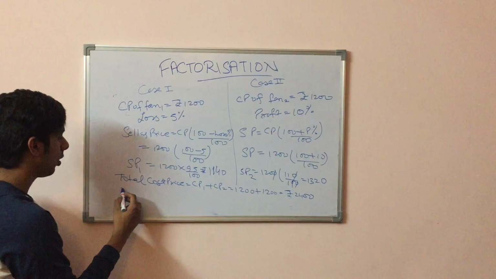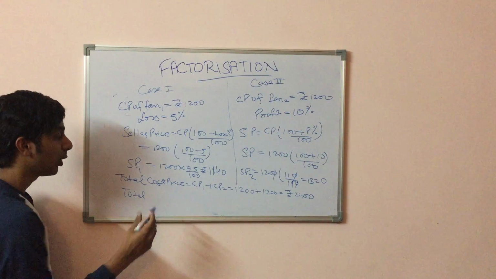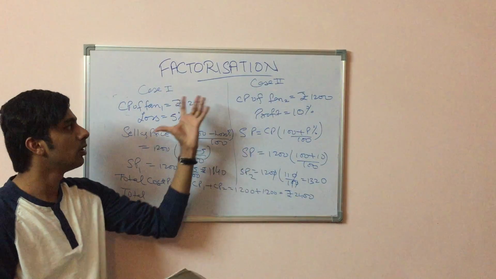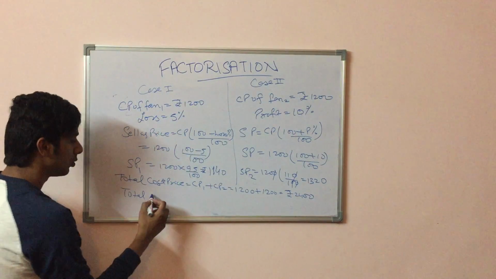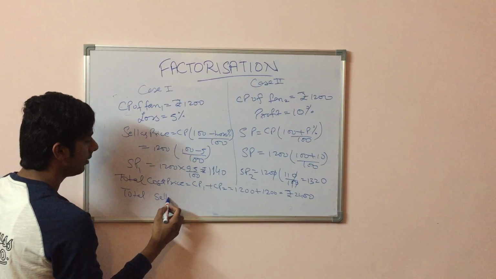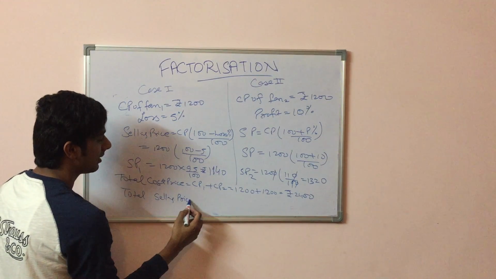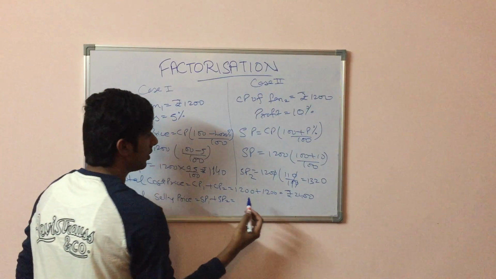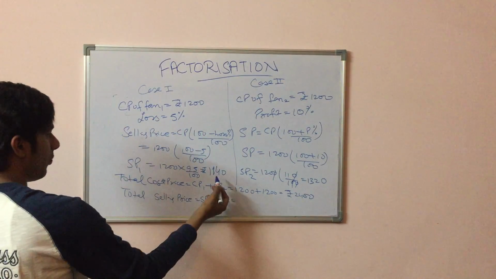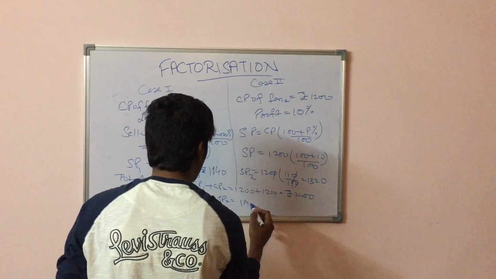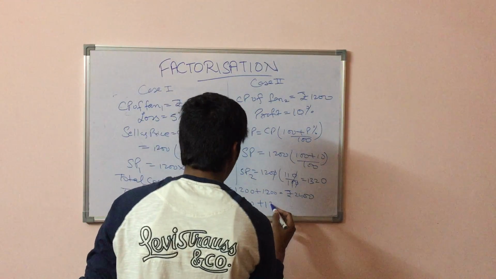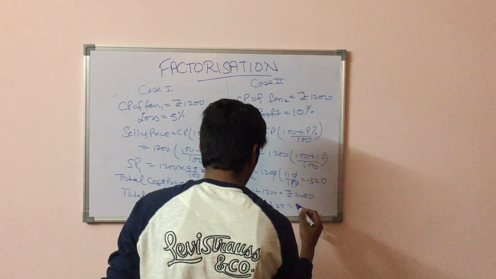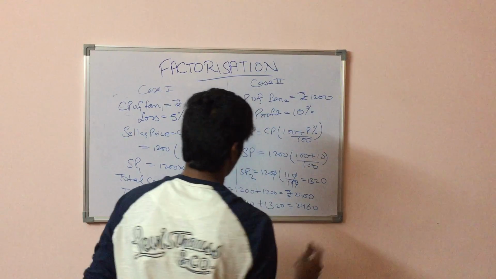Now take out the total SP, because you have to take out the total profit or loss. Total selling price is SP1 plus SP2, which is 1140 plus 1320, and which will be total 2460.